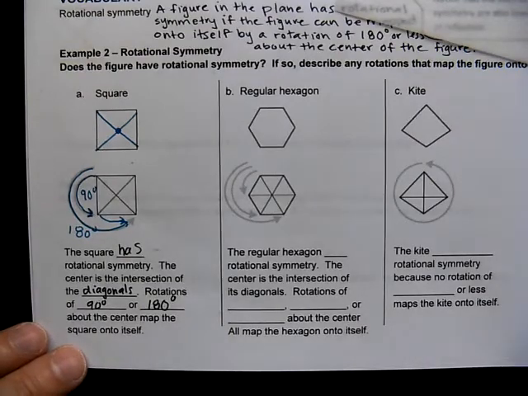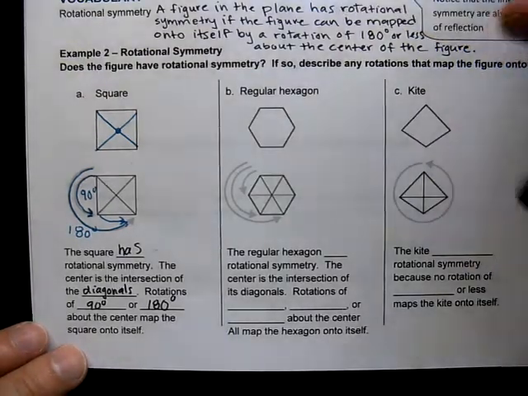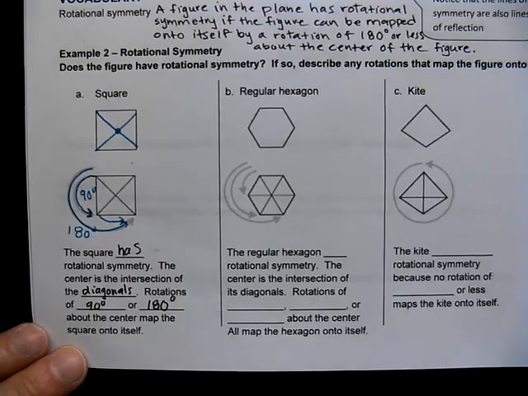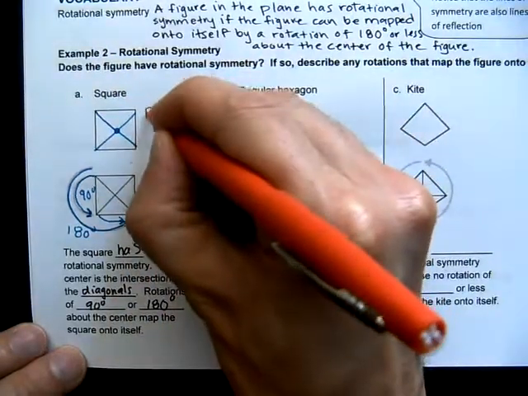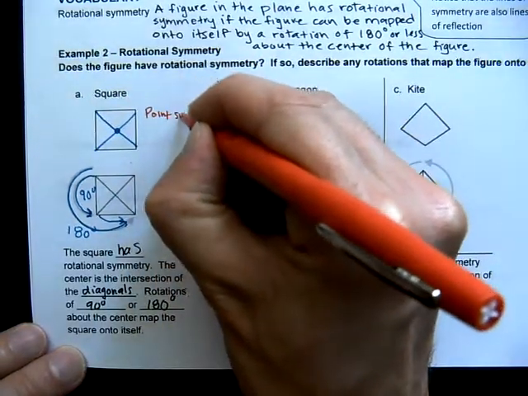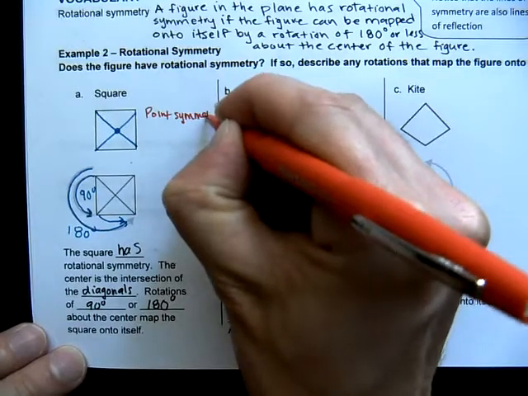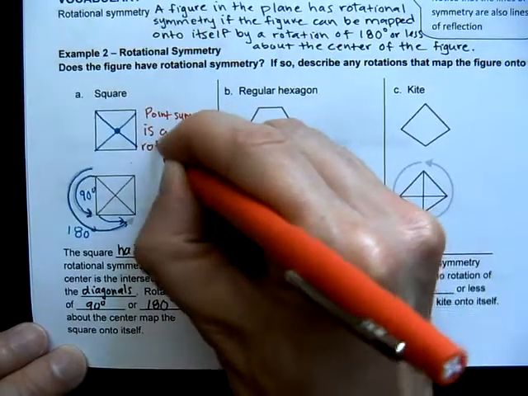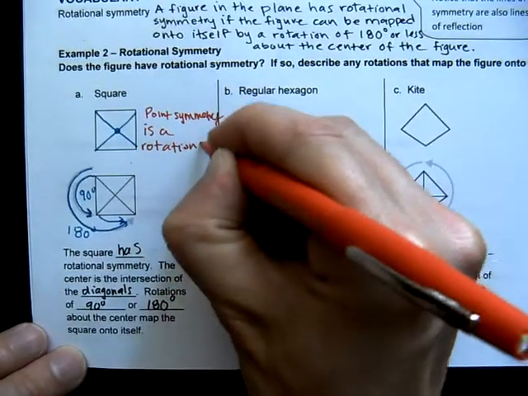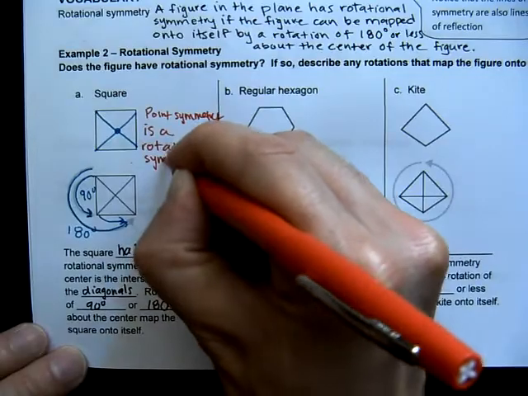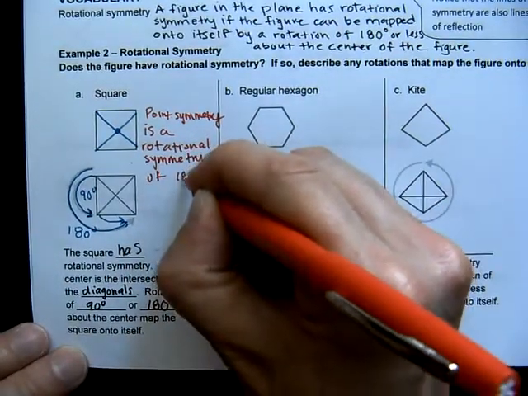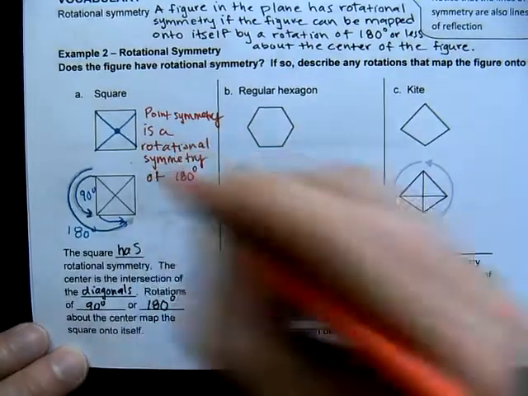Now, one other vocabulary that comes up in your book is this idea of point symmetry. We don't use it very often, and I'll throw it in here as well. So point symmetry is a rotational symmetry of exactly 180 degrees.